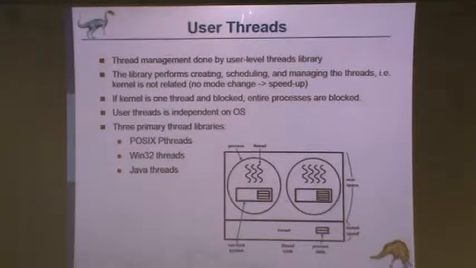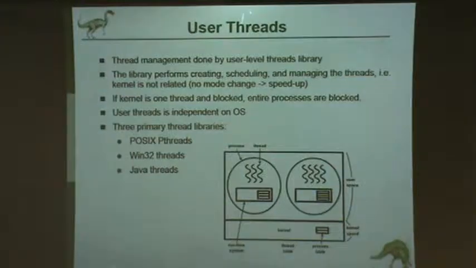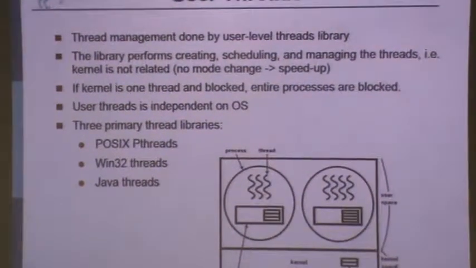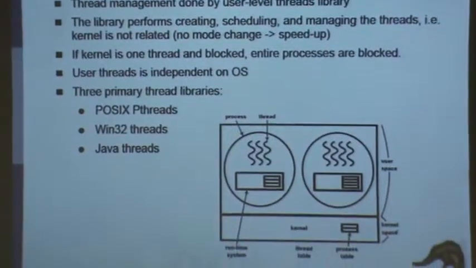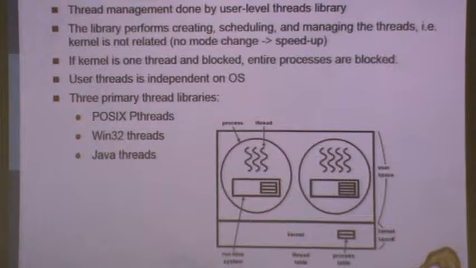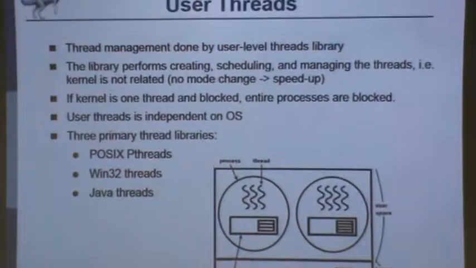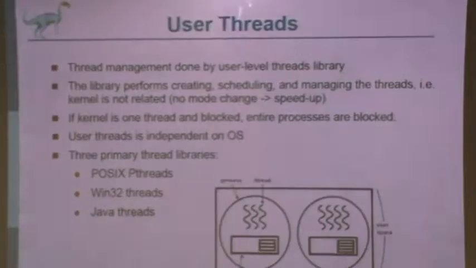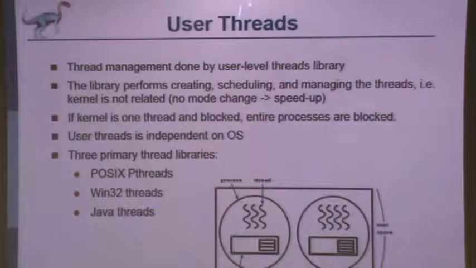Also, the user thread is managed by the user-level thread library. It is in charge of creating, scheduling, and managing threads. And there's also one situation: if several user threads connect to just one kernel thread, it will have some problems. We will talk about it later.